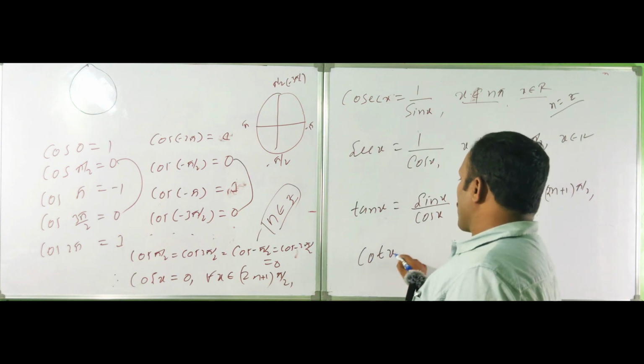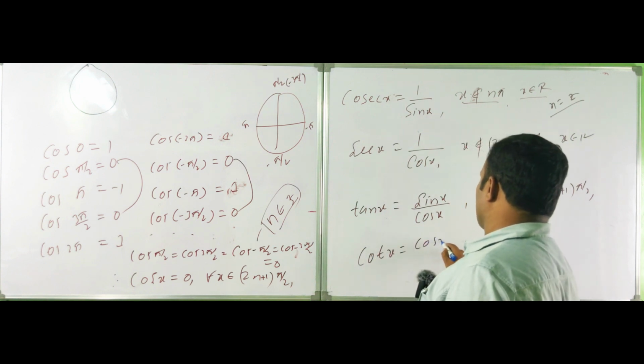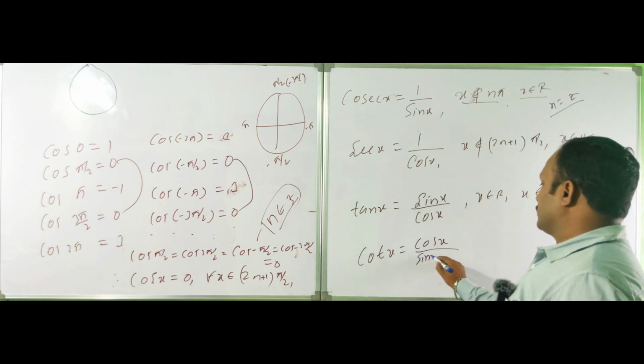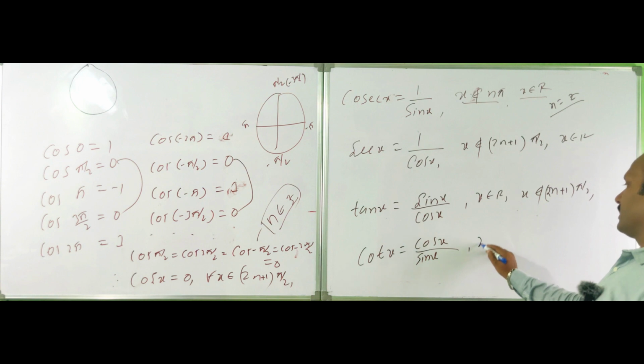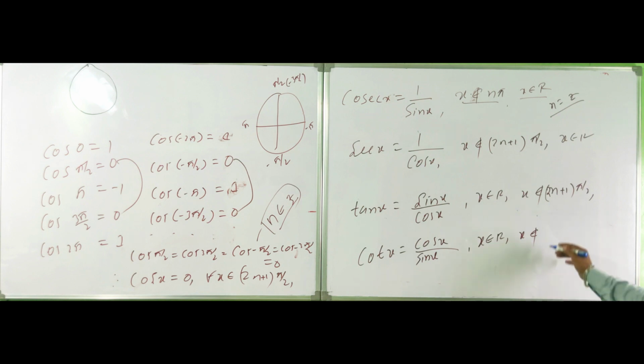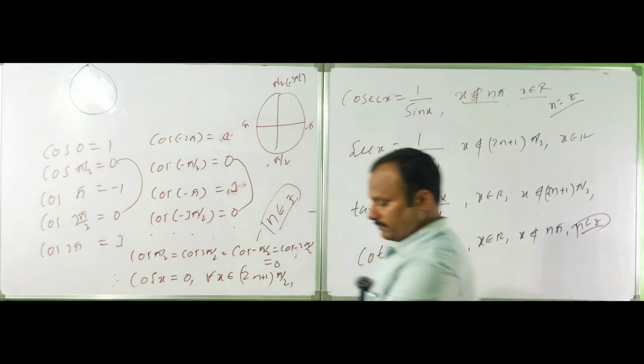Cot x is equal to cos x by sin x, where x belongs to R and x does not belong to n pi, and n belongs to Z.